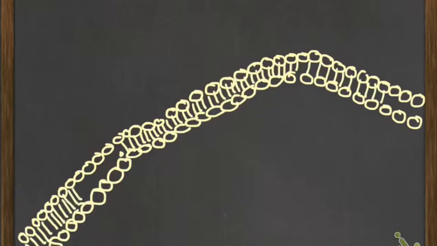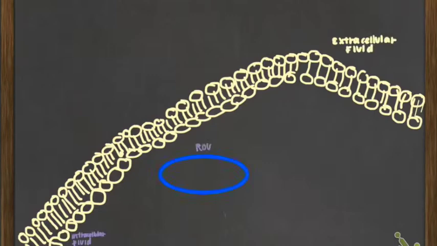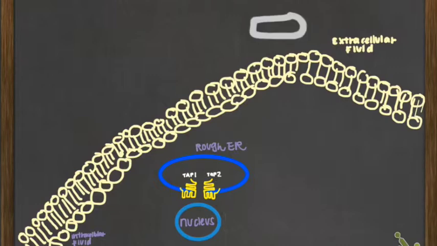What we have here is the membrane of our cell, and we all know it's a lipid bilayer. There's the extracellular fluid and the intracellular fluid. We have the rough ER and a nucleus, TAP 1 and TAP 2, which are all used in this pathway.